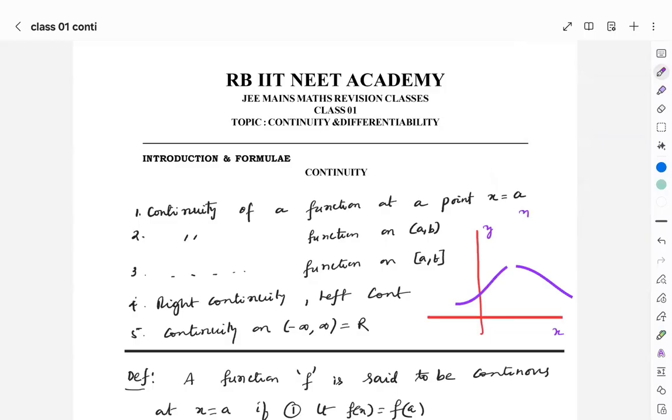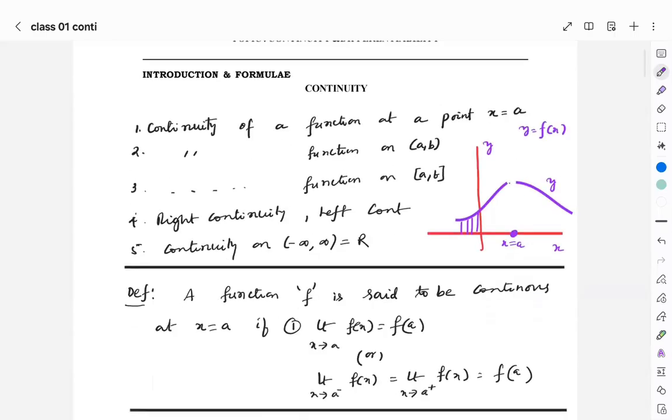It is a function. You have different y values for different x. This graph is discontinuous at some point, at a, because there is a gap. So that gap, how do they express it theoretically?